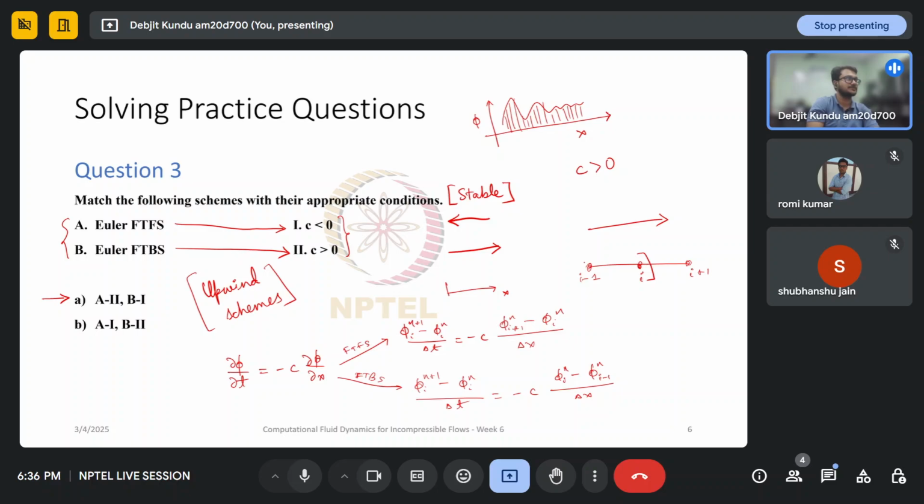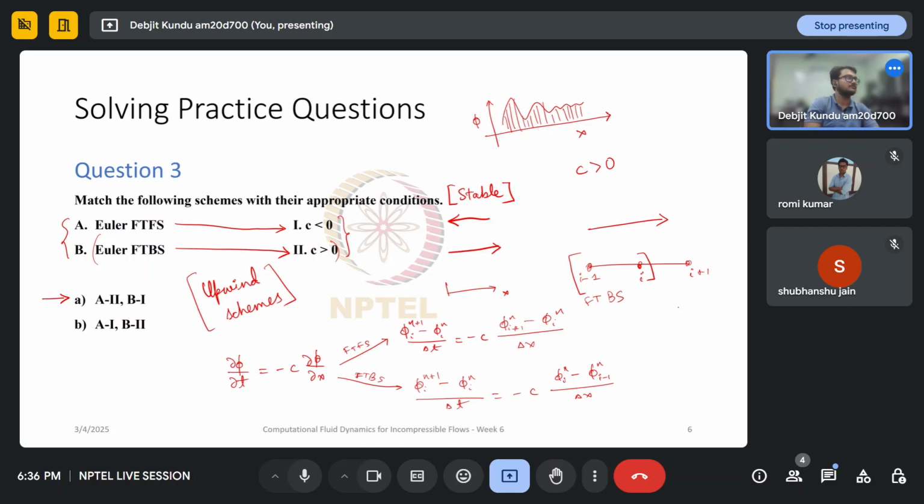So if you're starting from I, you have to take I minus 1. So backward in space you'll have to do. So forward in time, backward in space, if c is greater than 0. So that's what B2 gives.